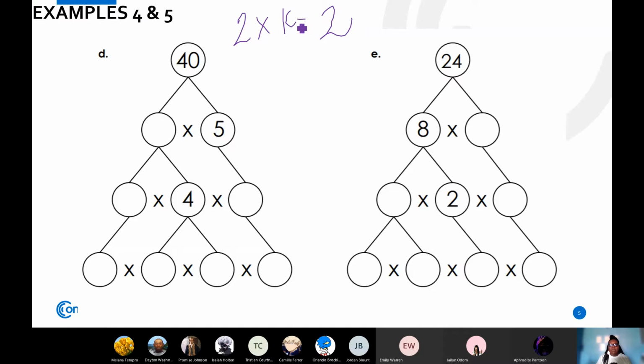Actually, I want to make this one a little bit tougher so that you can see. 2 and 10, these are considered factors. We should have written this in our notes yesterday. If you were not in class yesterday, you need to add this to your notes. So 2 and 10 are factors. Yes, we multiply those two numbers together to get 20, which is our multiple.